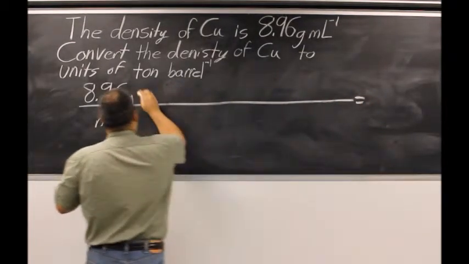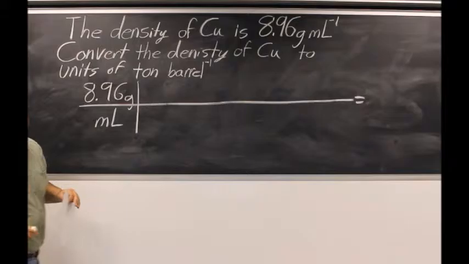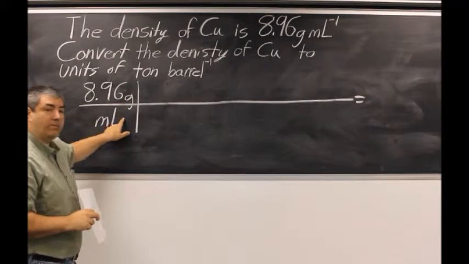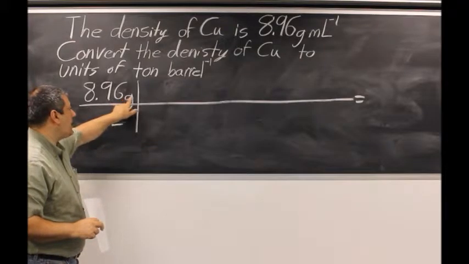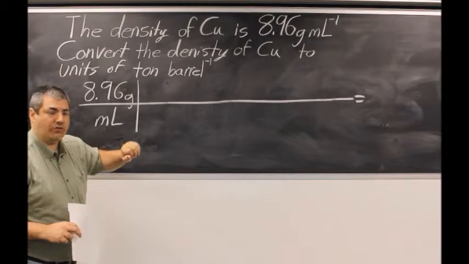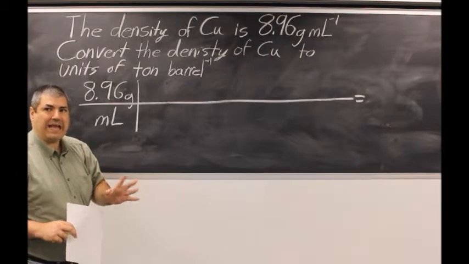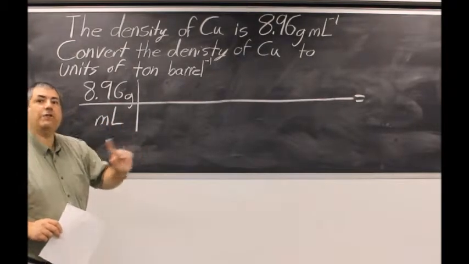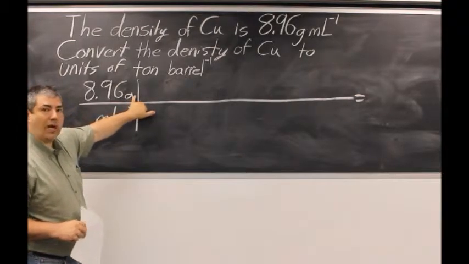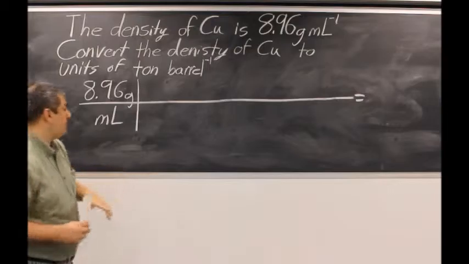Now, a mistake that several of you made was instead of writing this as grams per milliliter, you wrote it as grams times milliliter to the negative first. Now, I say it's a mistake. It's not if you use it correctly. What was happening was you were putting it up here, but you weren't recognizing that it was a negative exponent.